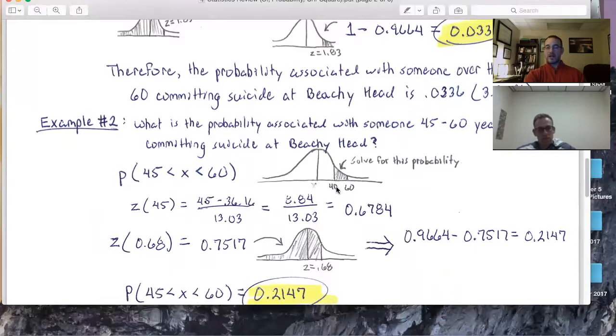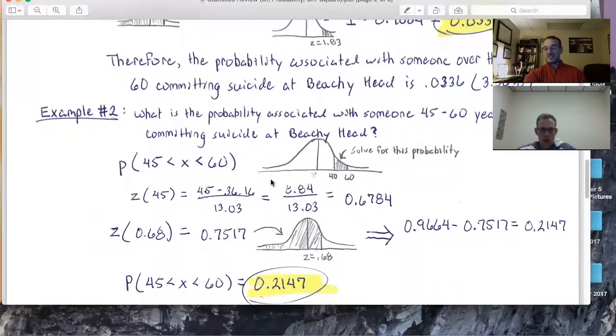So that area under the graph of what we're solving for is this tiny area here, from 45 to 60. Fortunately, we've already solved for everything under 60. Essentially, we just need to solve for the z-score associated with 45. We've already walked through those steps, but if we get a z-score for 45 given our data, that z-score should convert to 0.6784.